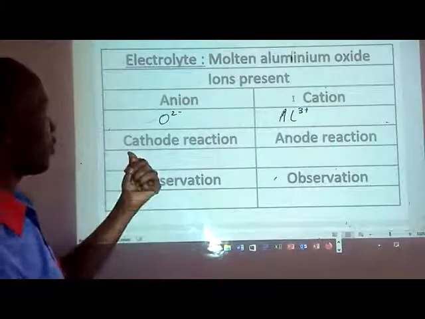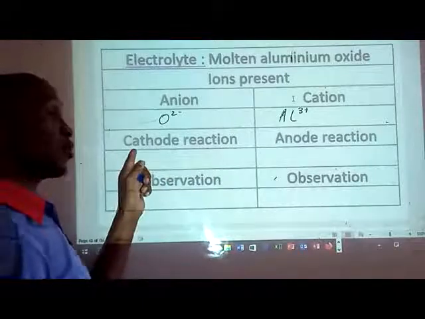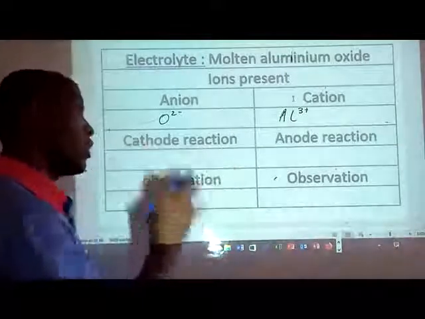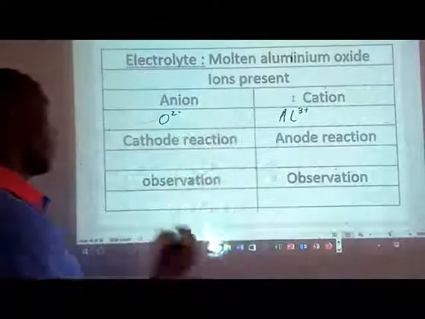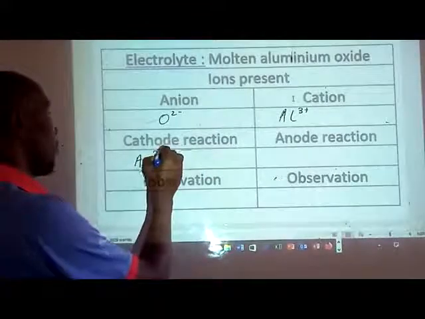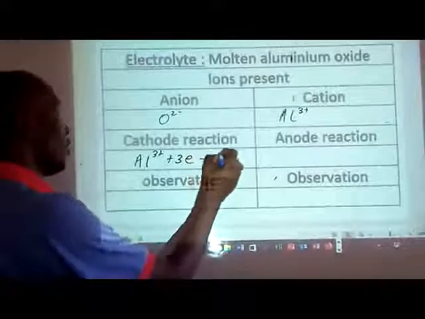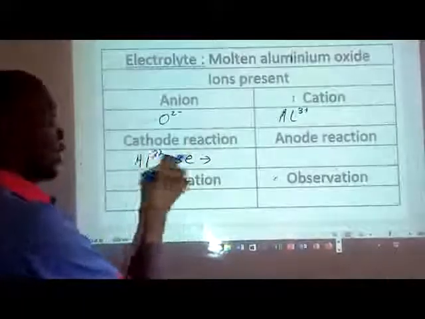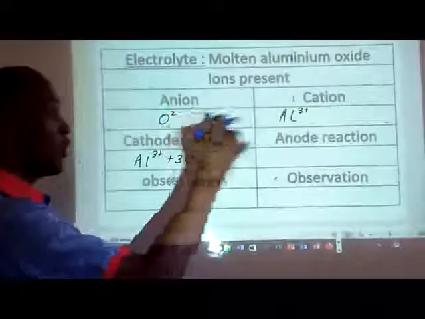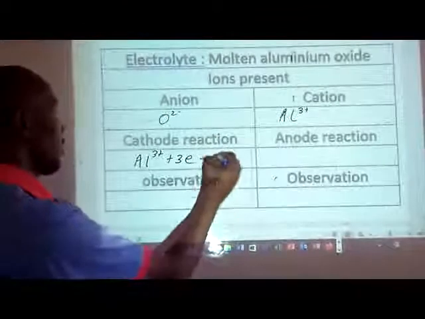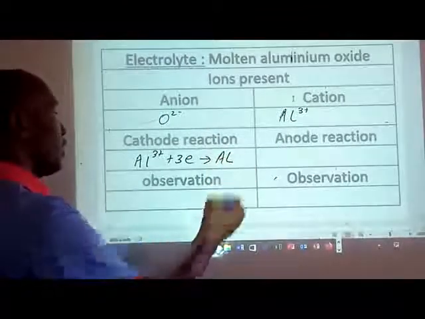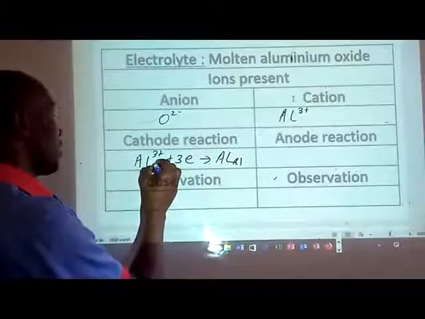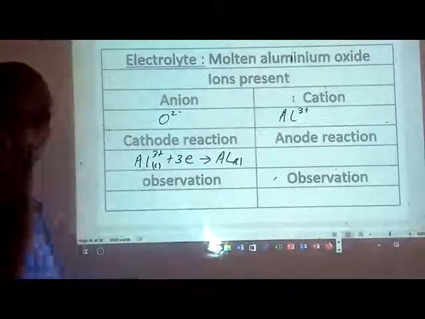The cathode is the negative, so it will attract the positive, so Al3+ plus 3 electrons forms aluminium. To discharge aluminium, it needs to gain 3 negatives. In liquid state, of course, this was molten, so it's liquid.